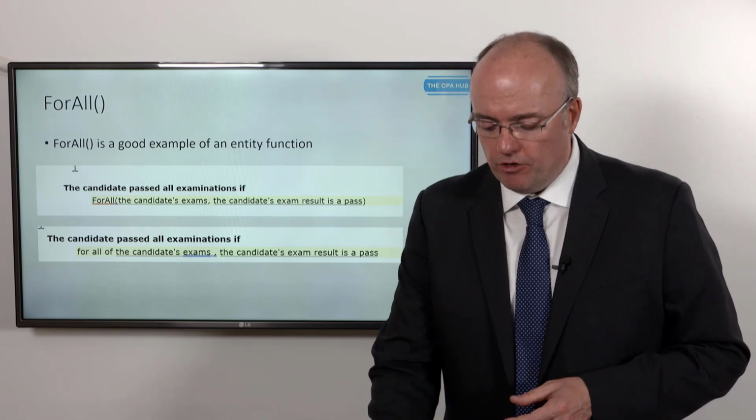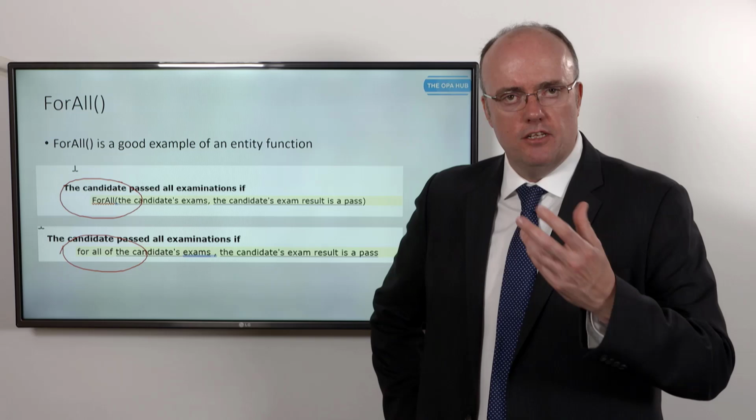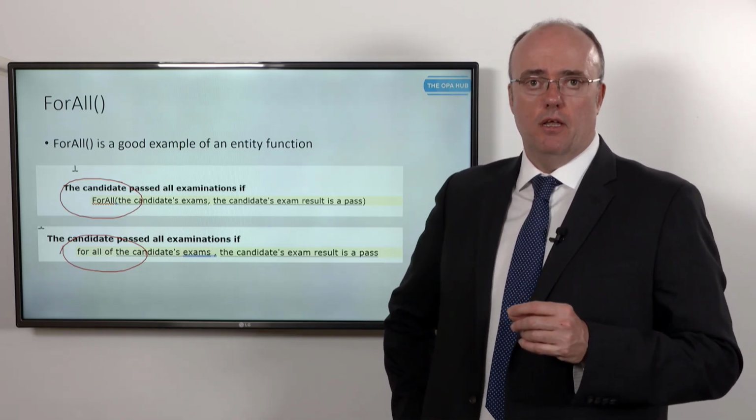If we take a brief look at my screenshots here, there's actually, and this is the interesting part, two identical pieces of text. I'm weighing my words. If I go down here, you'll see that it says for all, followed by brackets. And down here it says for all of. We spoke about this earlier, many functions in Intelligent Advisor have short forms and long forms.